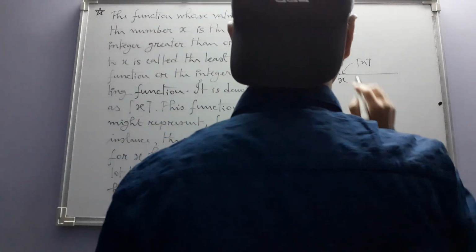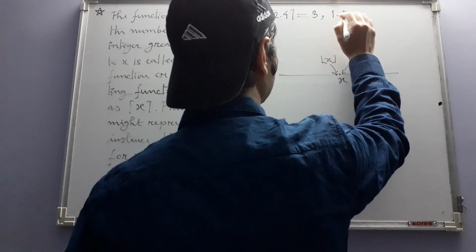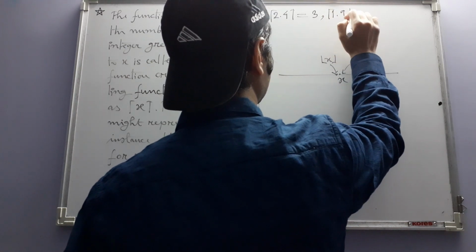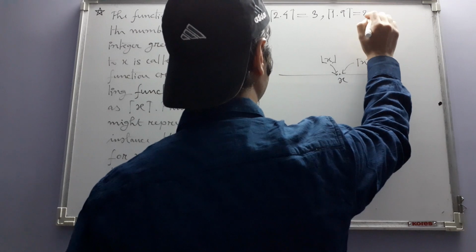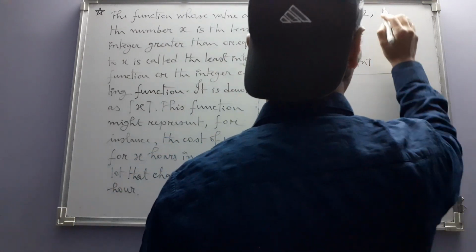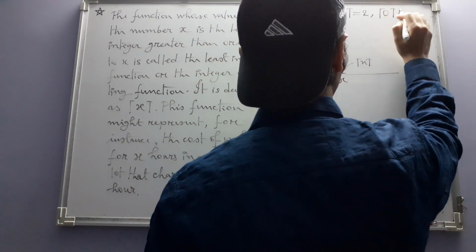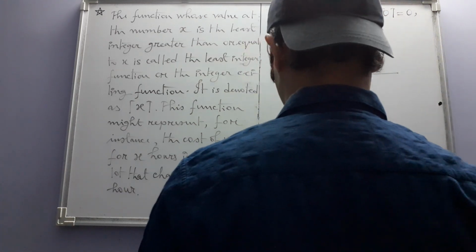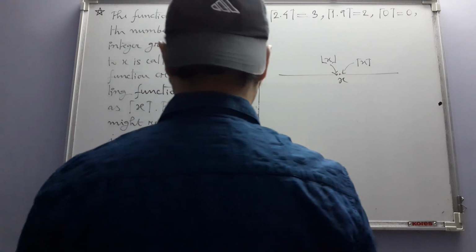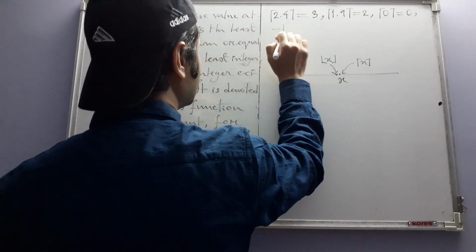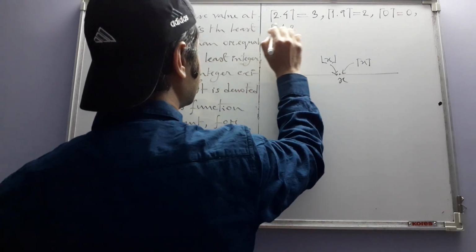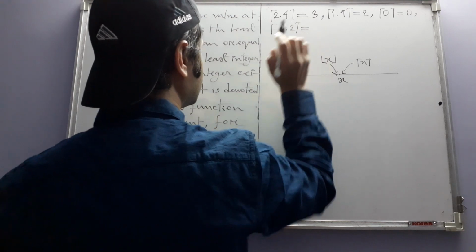Okay, so what will this one be? This will be 2. Then for 0, of course this is 0 again, and then we had minus 1.2.